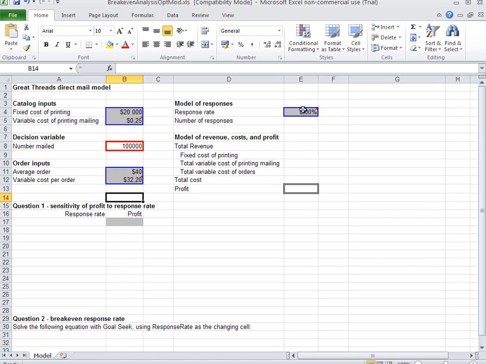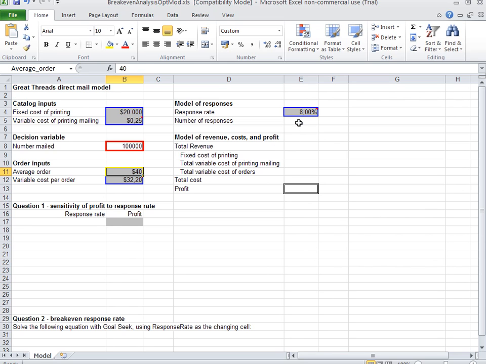We also have something called response rate. This means that if we send out 100,000 catalogs, about 8% of people actually buy from us. And as was said, this resulted in an average size of $40 per one purchase. But now let us calculate the rest of the numbers.